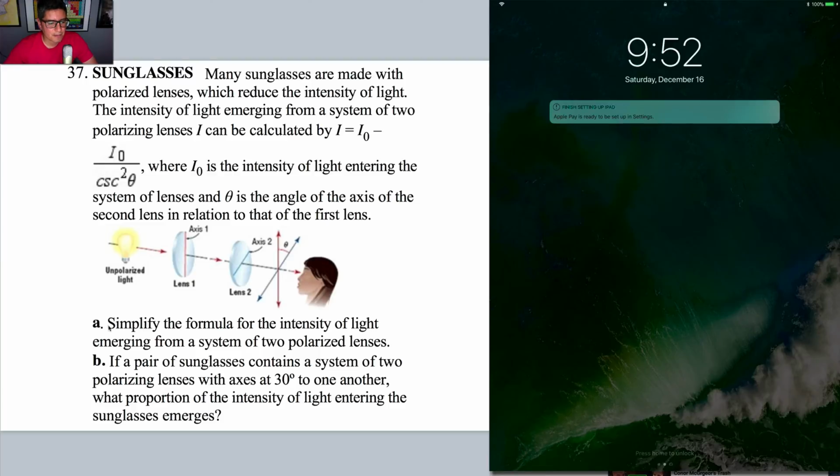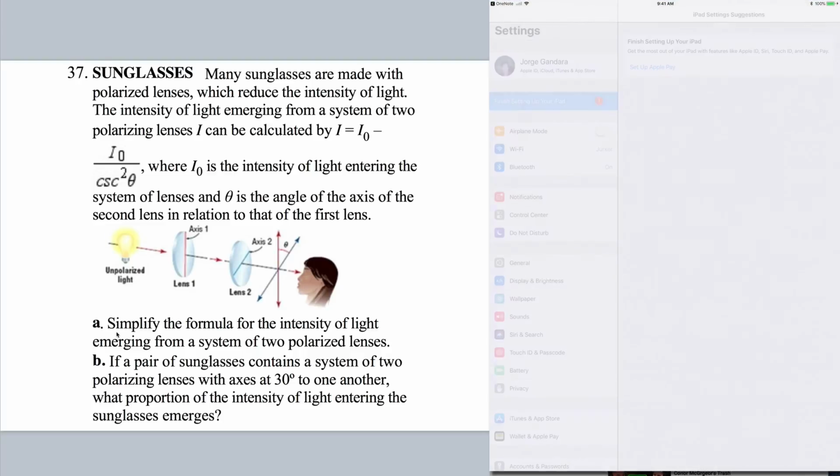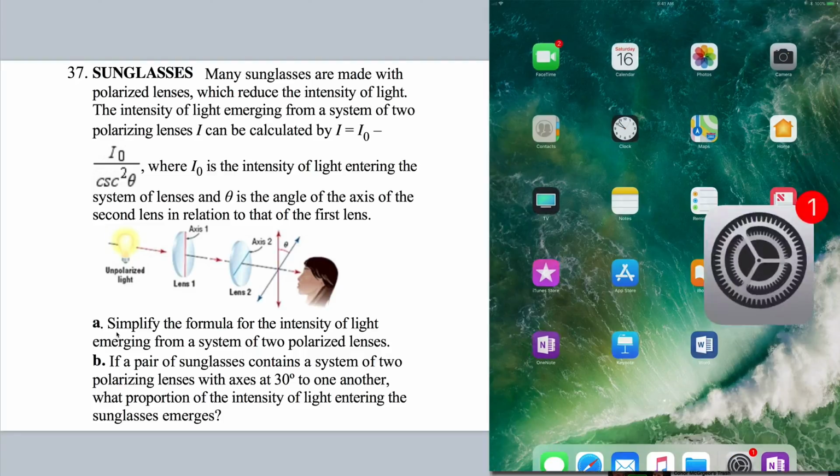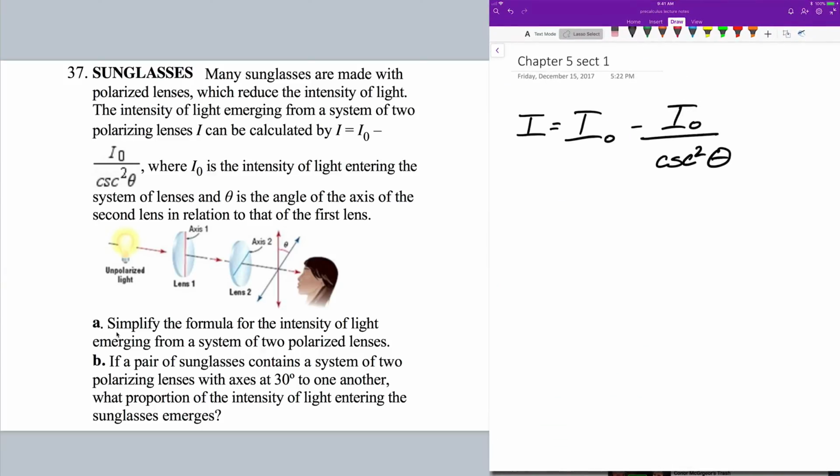Okay, so part A says to simplify the formula for the intensity of light emerging from the system of two polarized lenses. I have the formula that the text gives us, and I have it written here. I'm going to simplify this formula like I have my other ones.